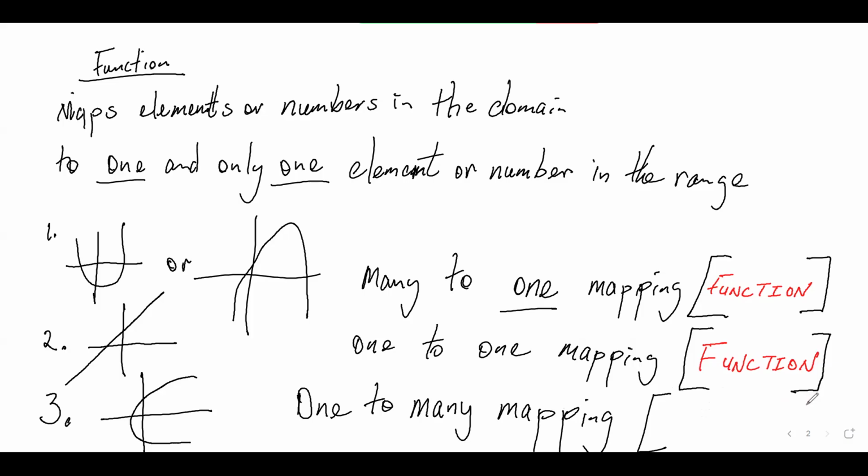Deandra, function or not? Once you see many in the range, because the first one is domain, the second one is range, this is not a function. Not a function.